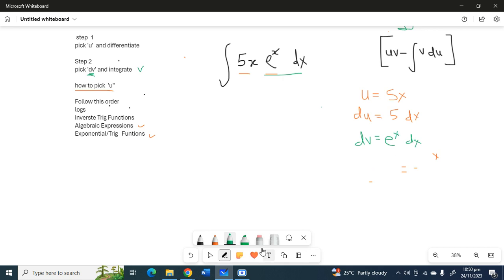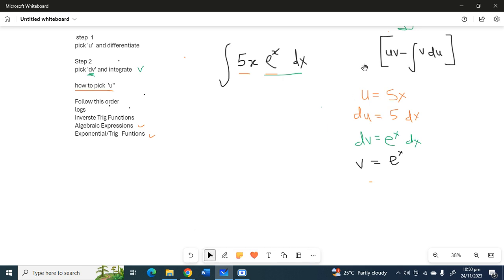Right, so when we integrate e to the power x, we're going to get e to the power x over 1 plus c. All right, this is going to be our v, but for now we don't need to include this c. And e to the power x over 1 is the same as e to the power x, so we have our v.